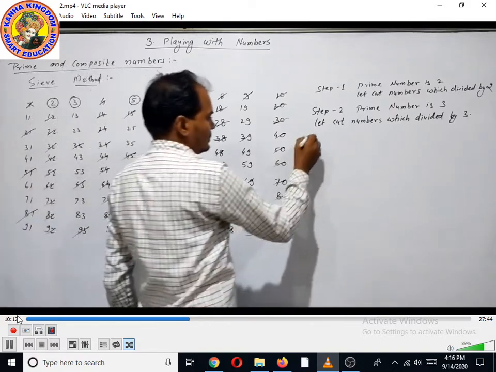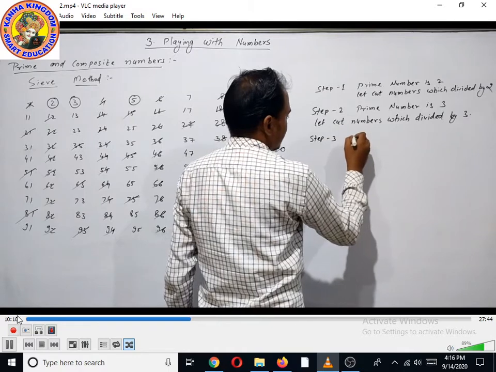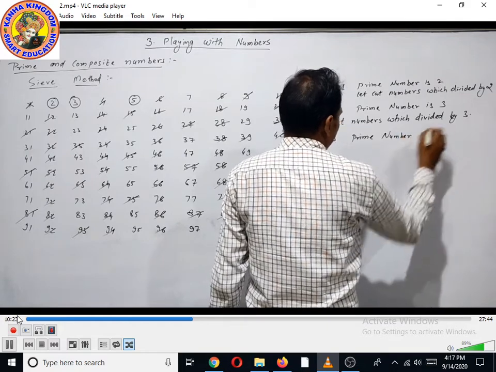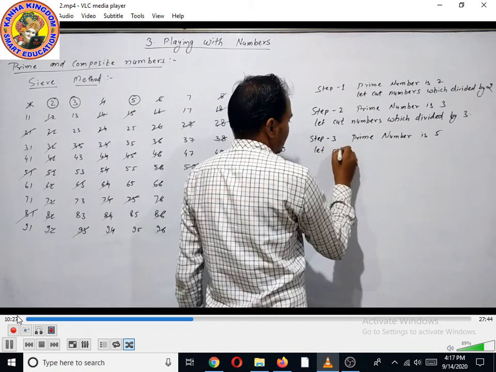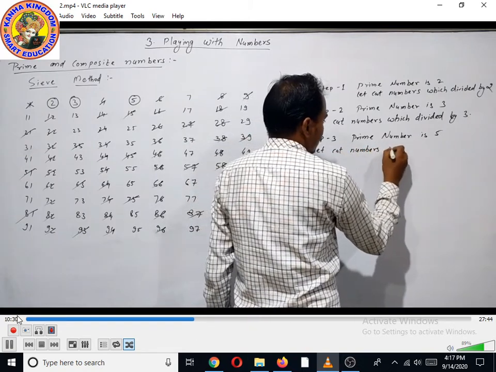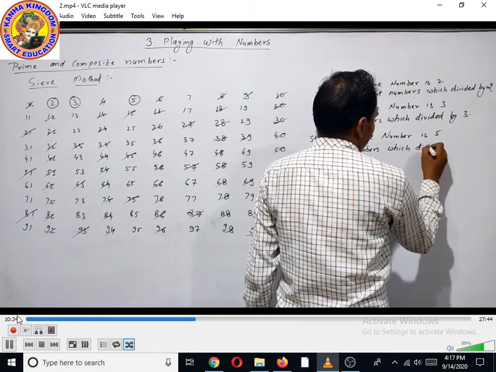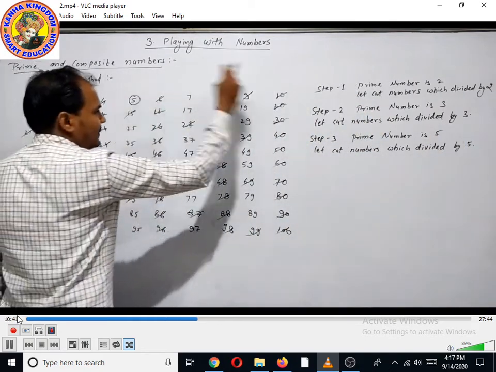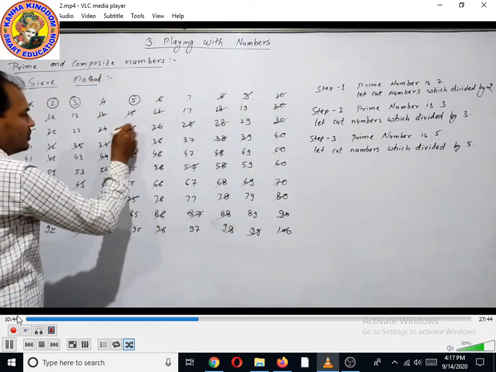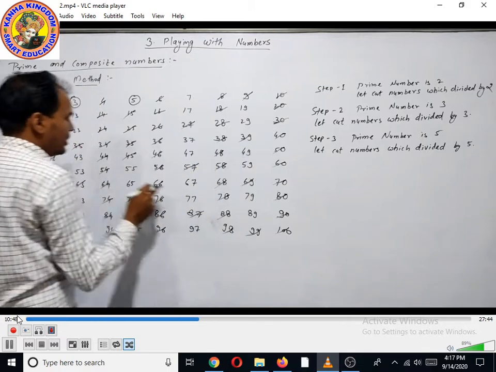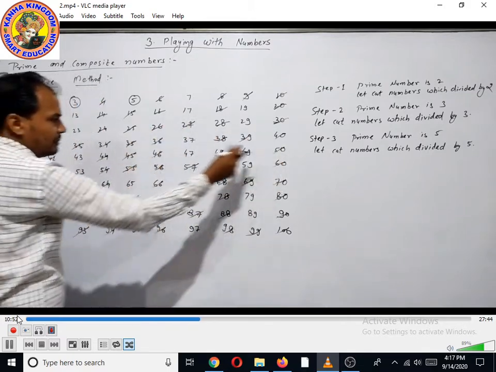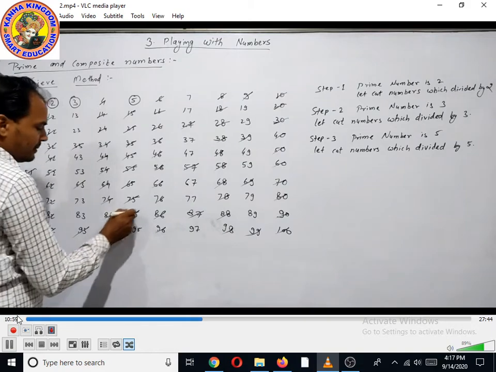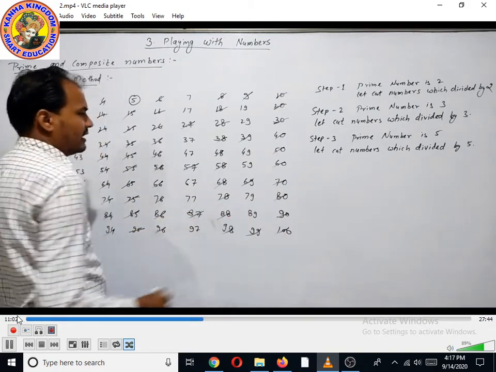Step 3: the prime number is 5. Let's cut numbers which are divided by 5: 5, 10, 15, 20, 25, 30, 35, 40, 45, 50, 55, 60, 65, 70, 75, 80, 85, 90, 95, 100.